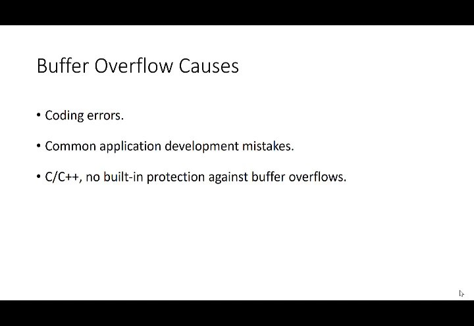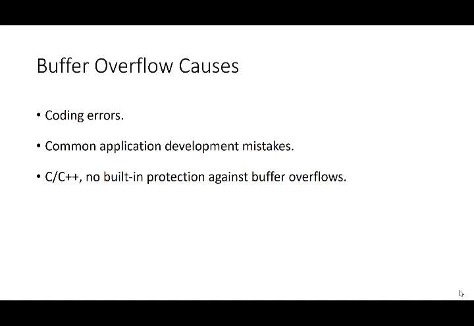Next is buffer overflow causes. What causes buffer overflows? We know coding errors are typically the cause of buffer overflows, right? Also, common application development mistakes that can lead to buffer overflows include failing to allocate large enough buffers and neglecting to check for buffer overflow problems.